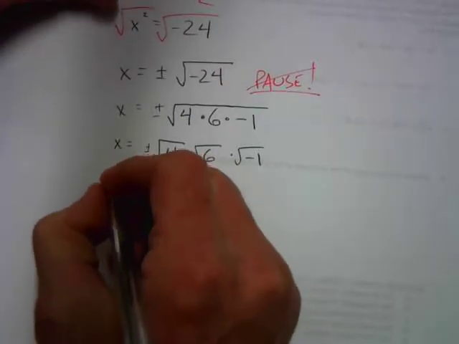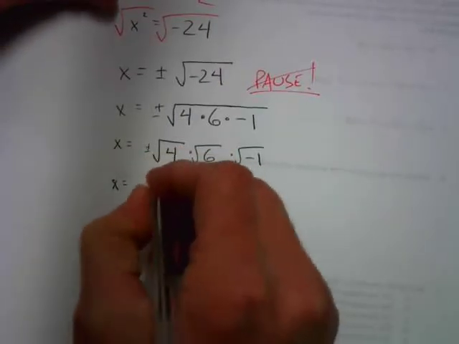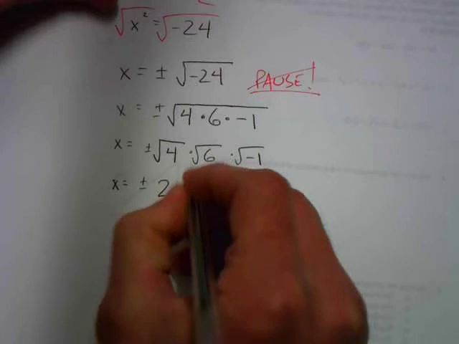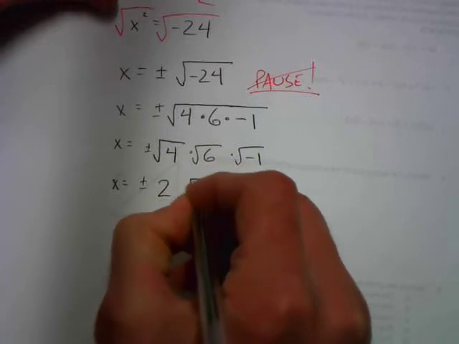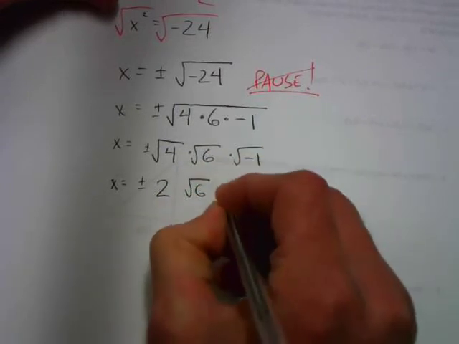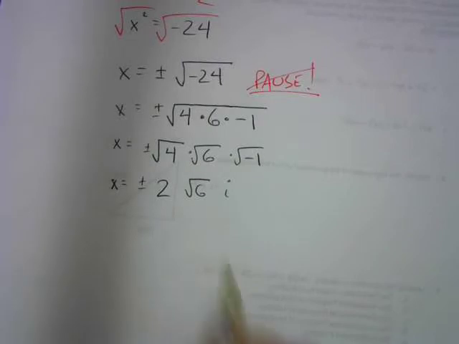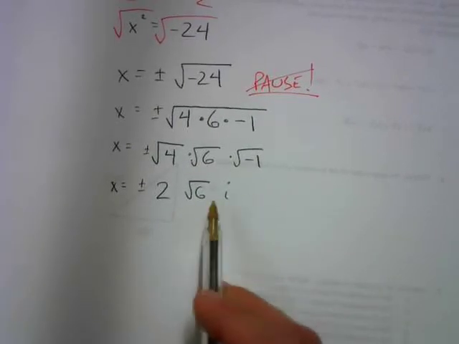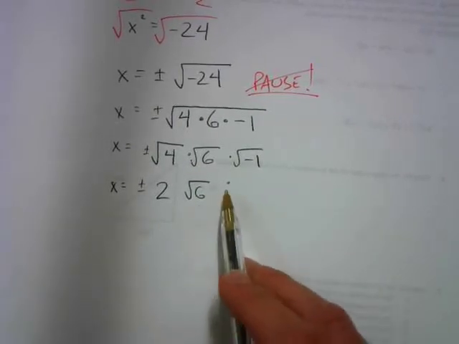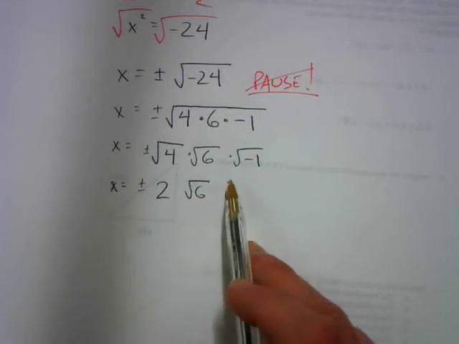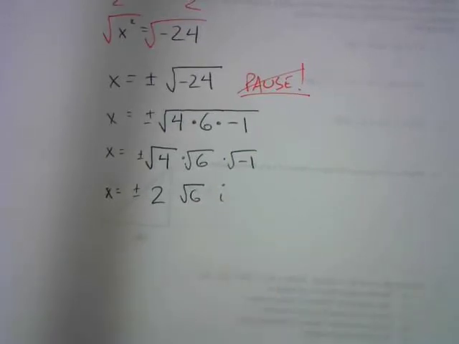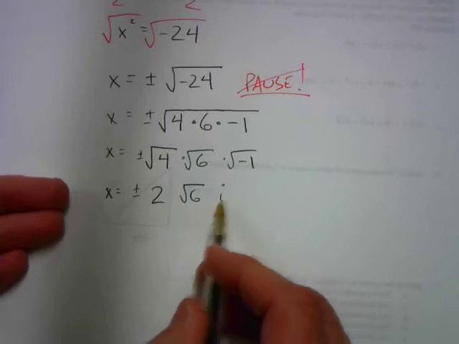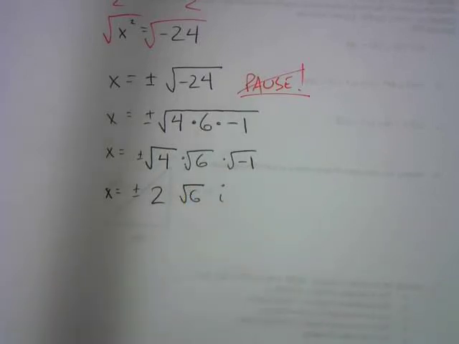All right, so what does all this work out to be? Now, you have to be careful about format. The square root of 4 is 2, the square root of 6 is the square root of 6, and the square root of negative 1 is our friend i. Don't do this. Okay, we're going to get to this in later units, but don't do this. This is what we need to do. We have to write it in a certain format.